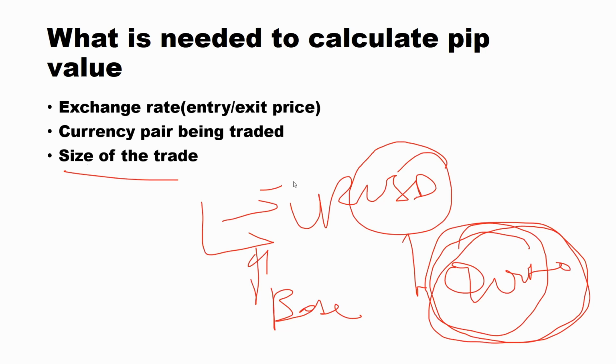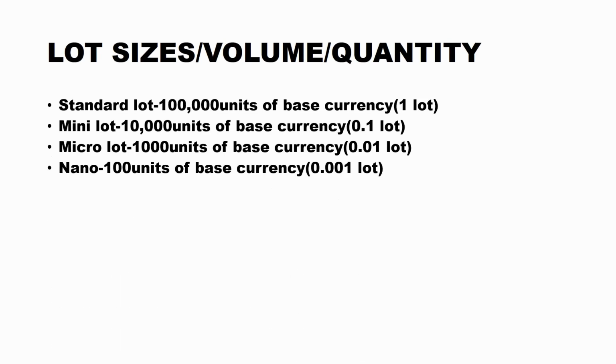Are we together? So let's look at lot sizes. We're going to convert them into units, right? Because you need to know the units that are there in each lot size. So we have the standard lot, which is equivalent to one lot. Now these units are of the base currency. The base currency is the first currency in the pair, right? You can call it a standard lot or just one lot, and when you convert to units, it's 100,000 units of the base currency.